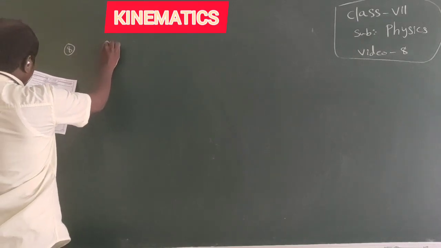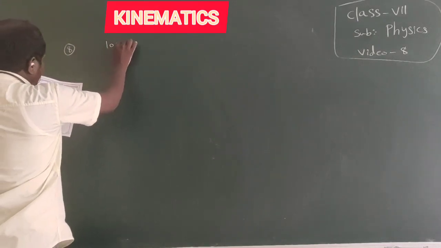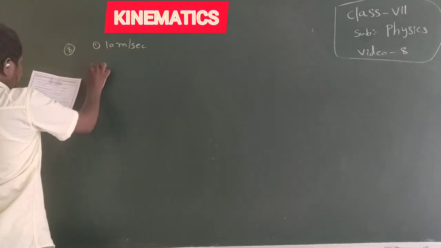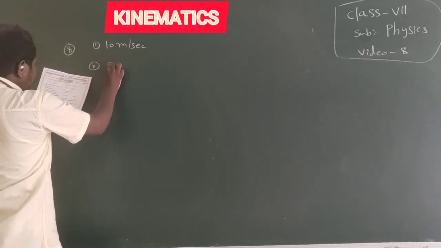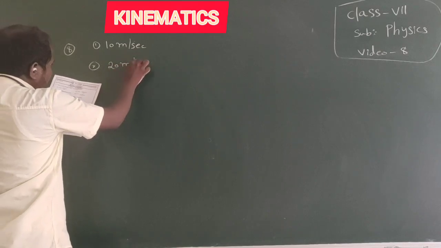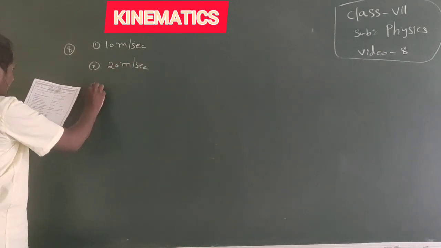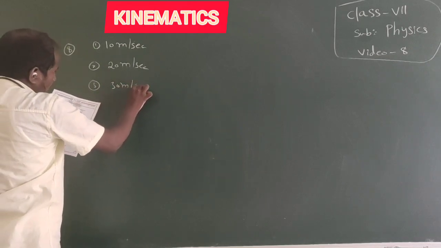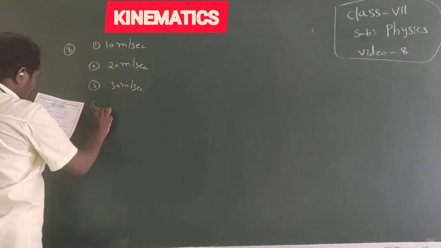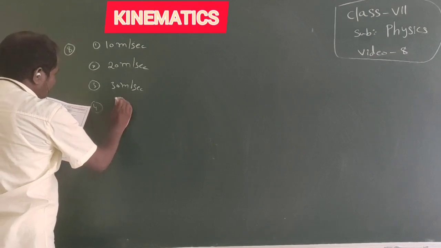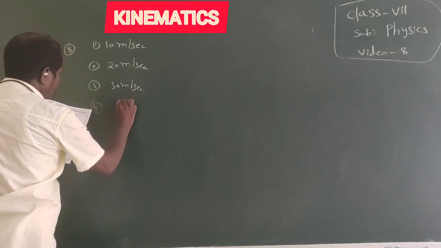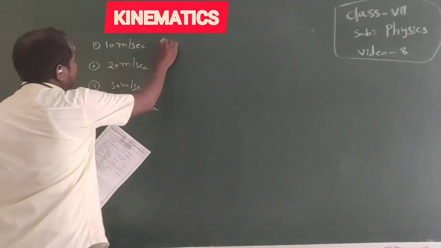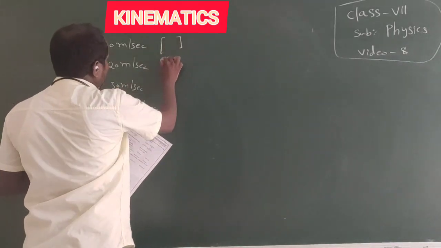Column 1: 10 meter per second, second one 20 meter per second, third one 30 meter per second, and fourth one 40 meter per second.